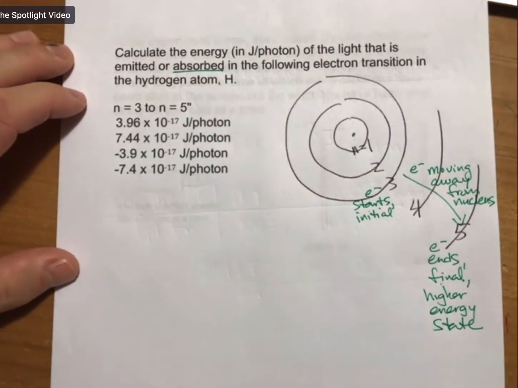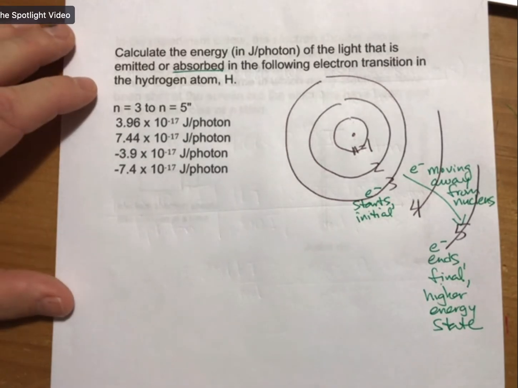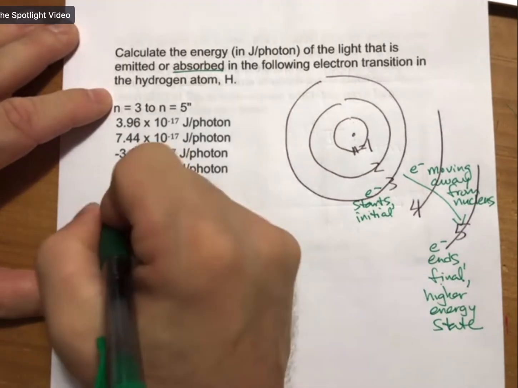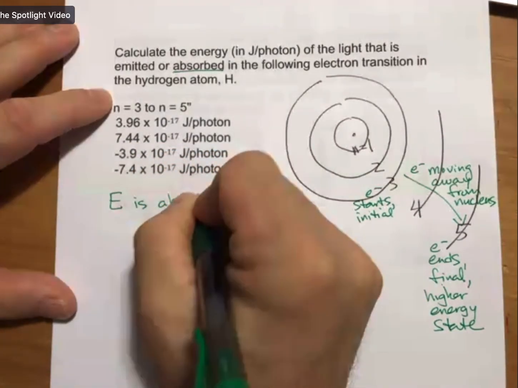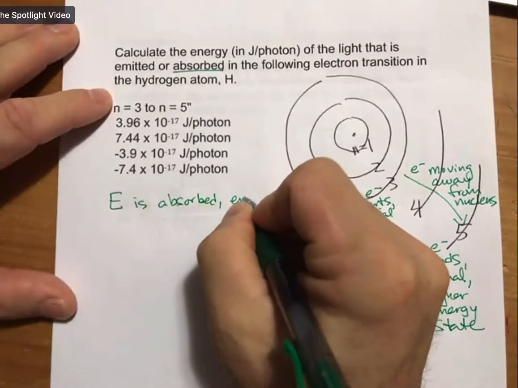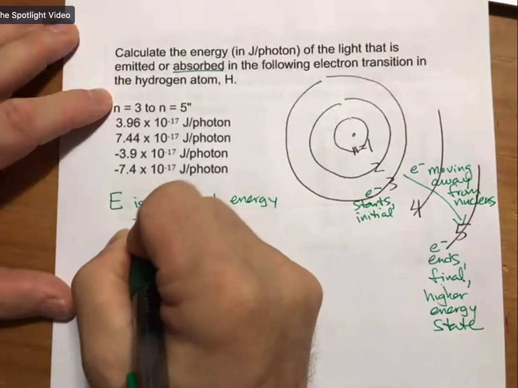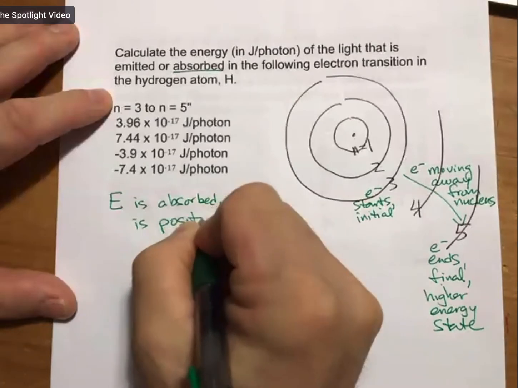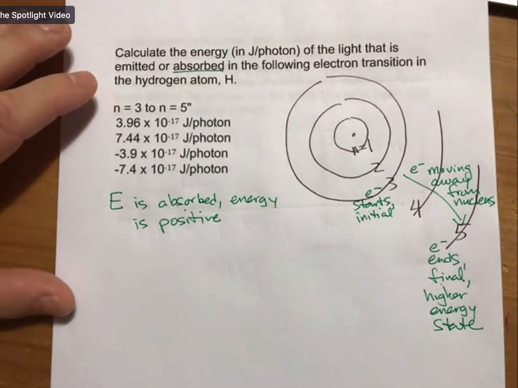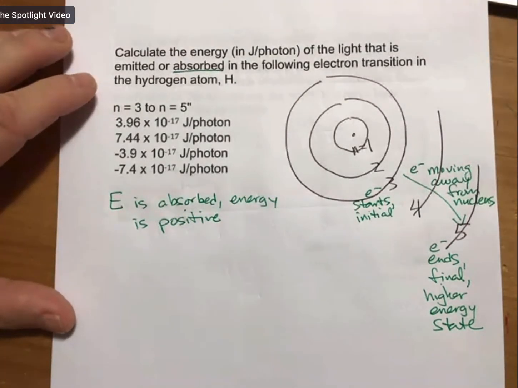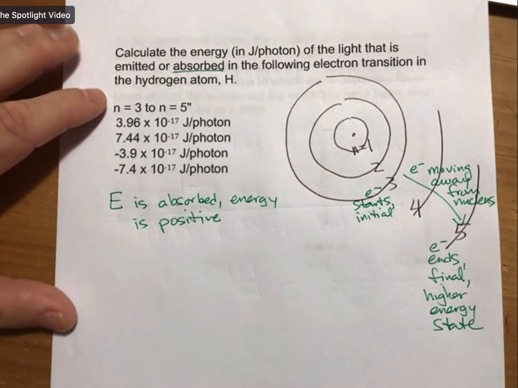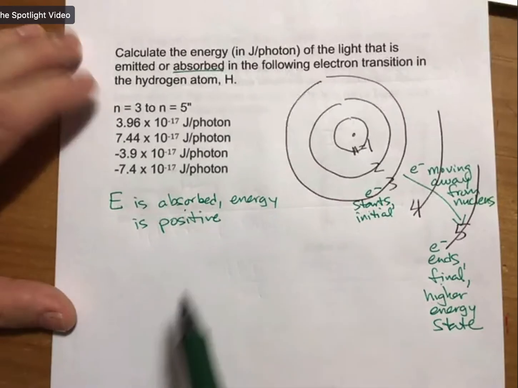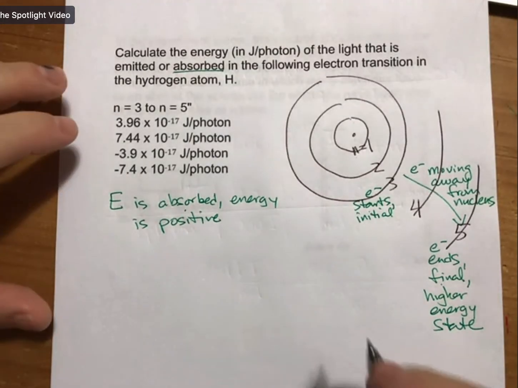So first off, this is going to be energy that is absorbed. And when energy is absorbed, energy is positive. And we can think of this as an endothermic process, and we will.